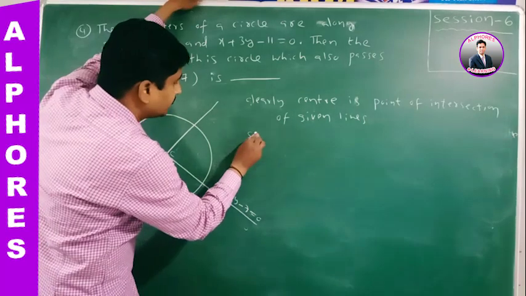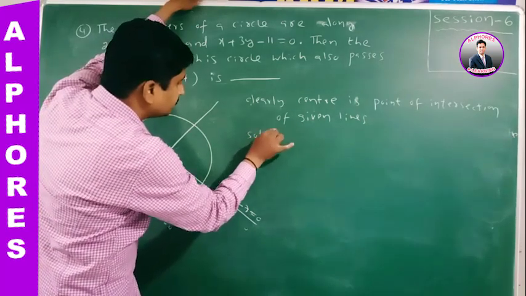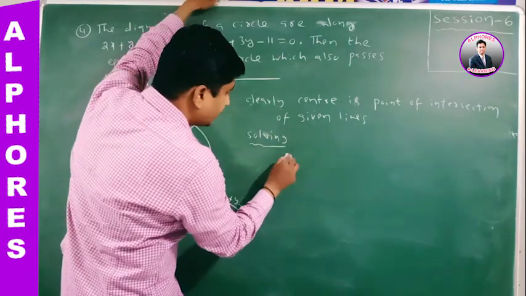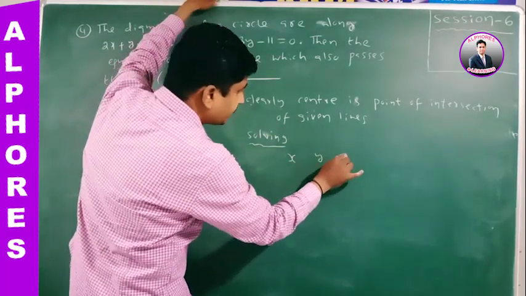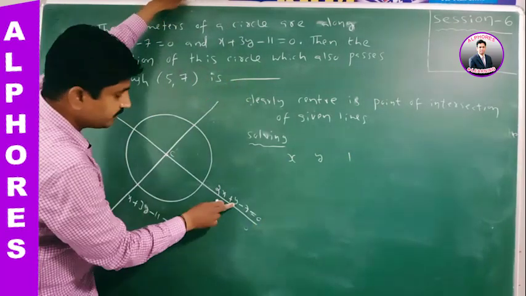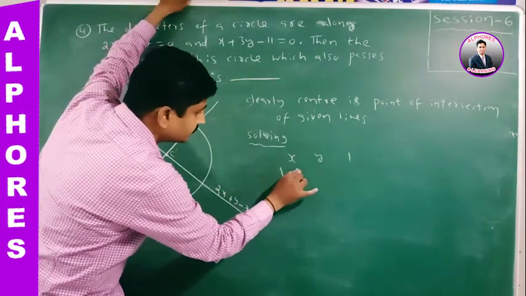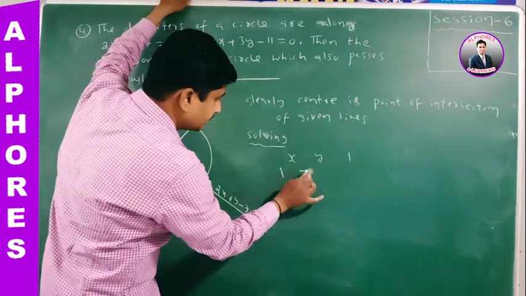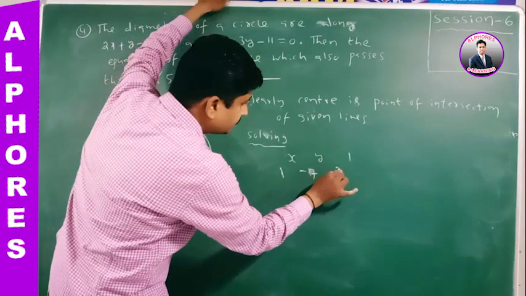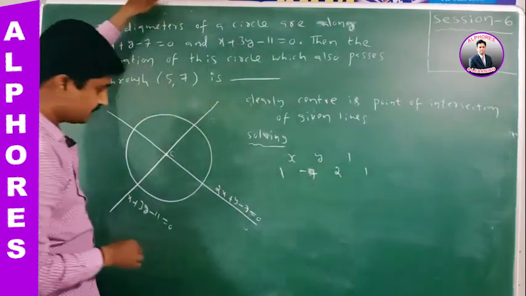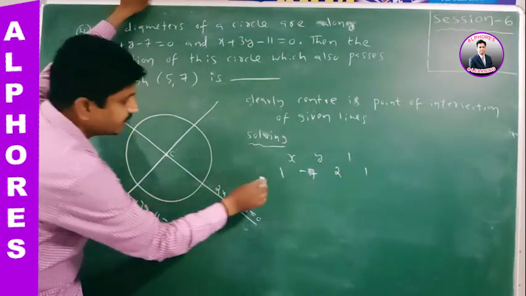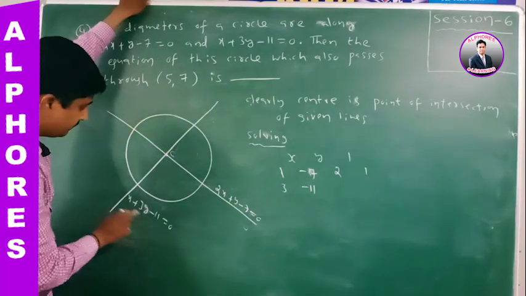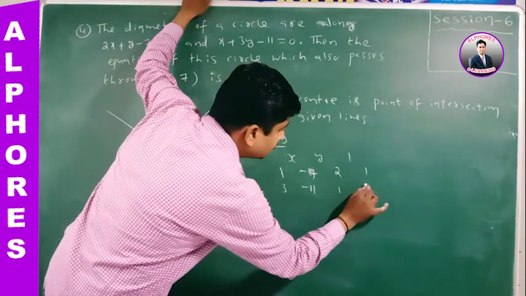Now solving the lines with the x, y, 1 method. First line: y coefficient 1, constant minus 7, x coefficient 2, 1. Next line: y coefficient 3, constant minus 7, x coefficient 1, 3.